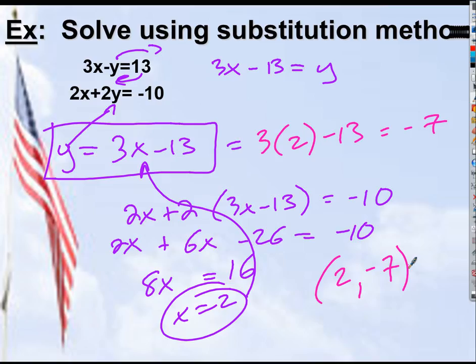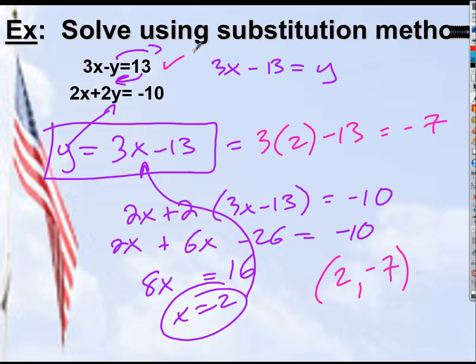Okay, don't give up here. On a test, there is no reason to ever miss this. How come? Check it, check it. So plug them back in, does it work? Yeah. (2, -7). If I put 2 in for x, I get 2 times 3 is 6. Let's see, hang on. Minus -7, what's minus a negative? 6 plus 7, 13, check.